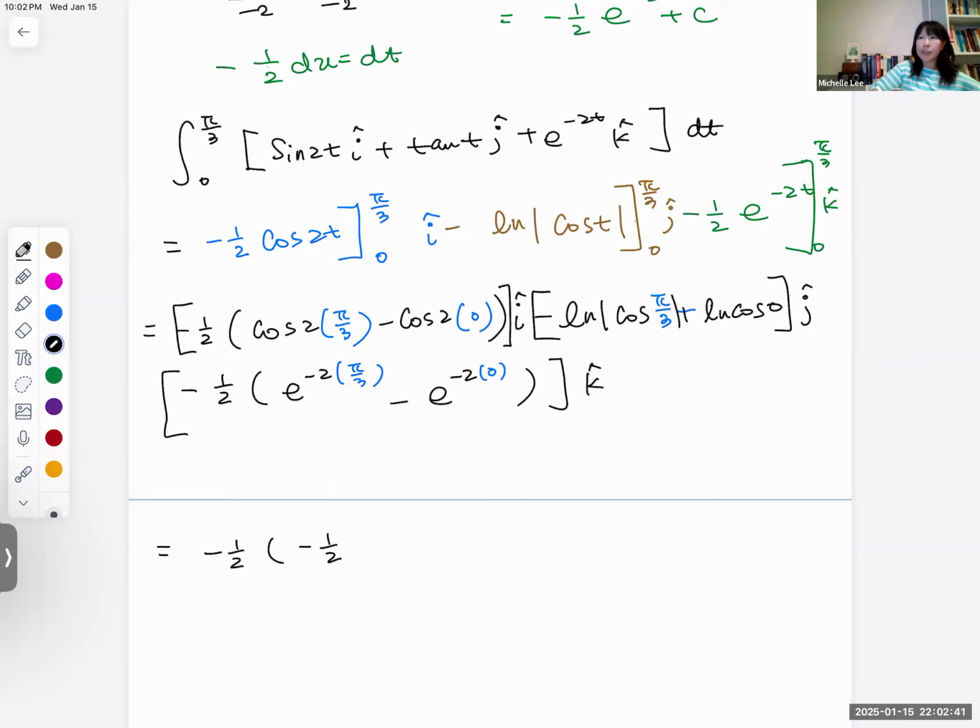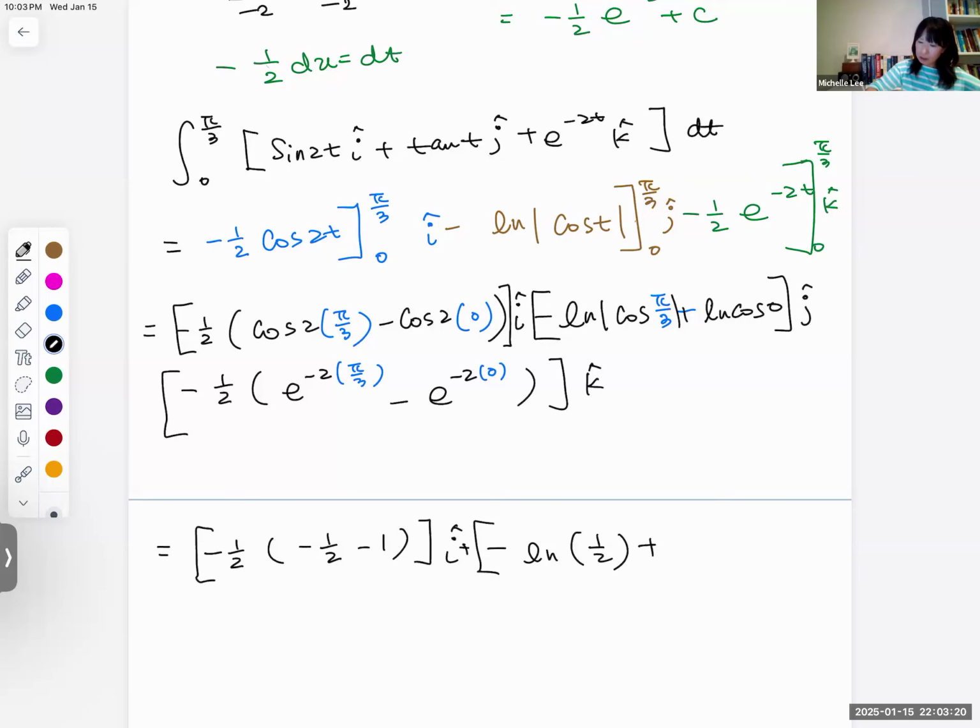Negative 1/2 minus cosine 0, which is 1, I had i hat. Minus ln of cosine pi over 3, which is natural log of 1/2, plus ln cosine 0, which is 1, right?